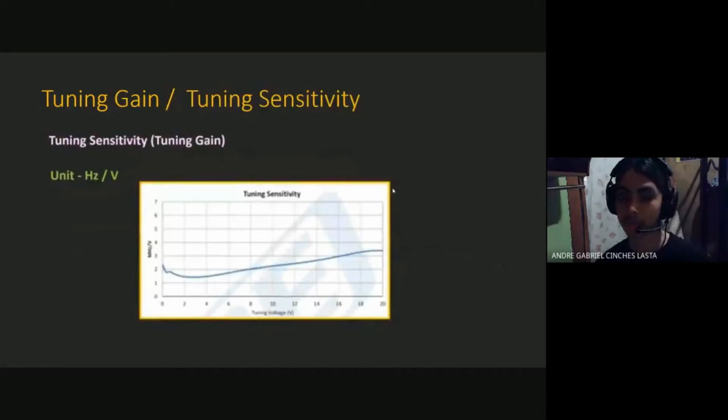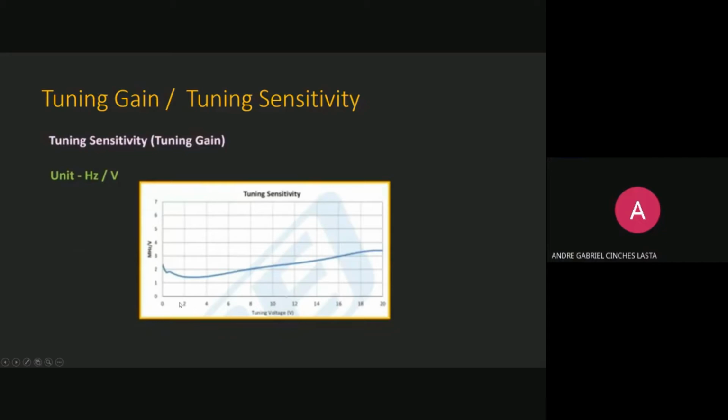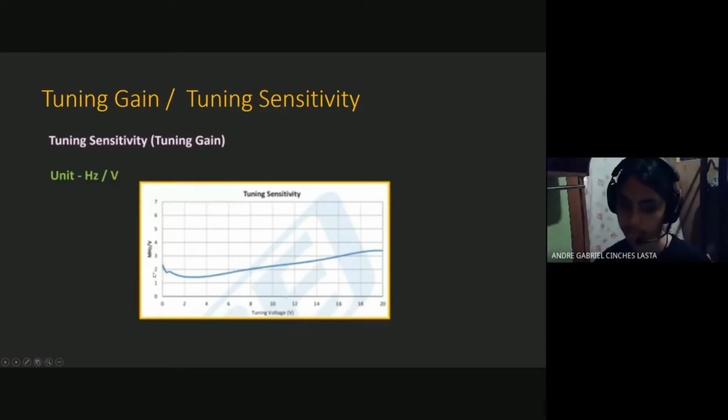So next we have the tuning gain or tuning sensitivity. Manufacturers typically will not give you a single number for the tuning gain. Why is that? So look, here is the graph of the tuning sensitivity for a sample voltage controlled oscillator. We see here that at 2 volts, the tuning sensitivity is somewhere around 1.5 megahertz per volt.